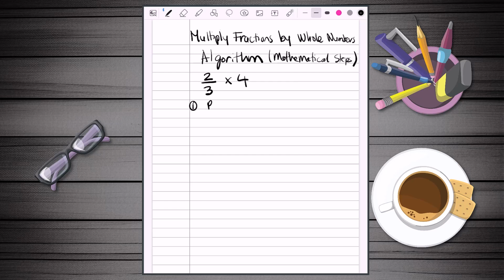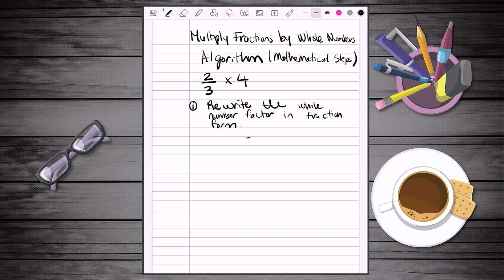Our step number 1 is going to be to rewrite the whole number as a fraction.